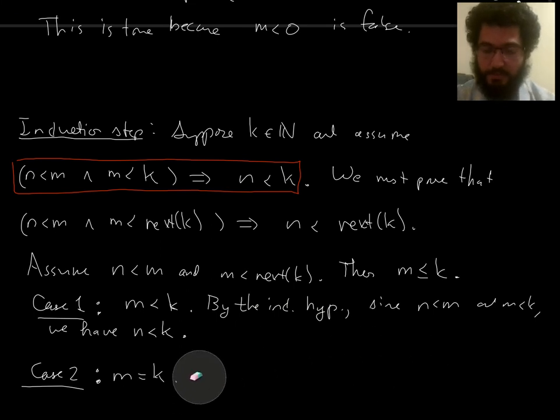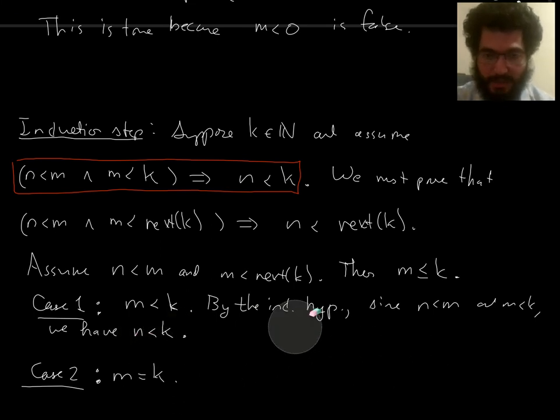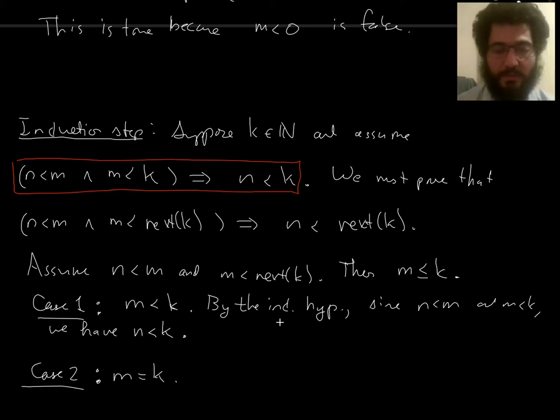So what do we do then? How do we go from n is less than k to n is less than next k? Well, let's break down our goal a little bit. N less than next k, do you see this less than with a next to it? Mush these together. What we're really trying to prove is n is less than or equal to k, right? That's an or statement, and we can prove either side of that or in order to get victory here.